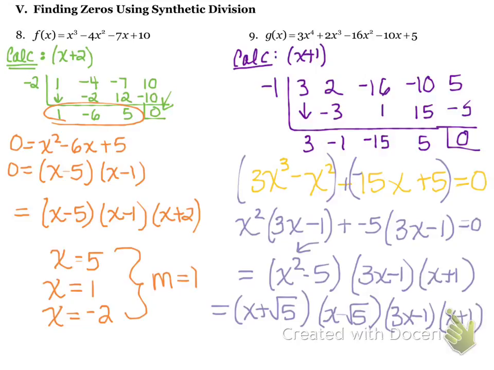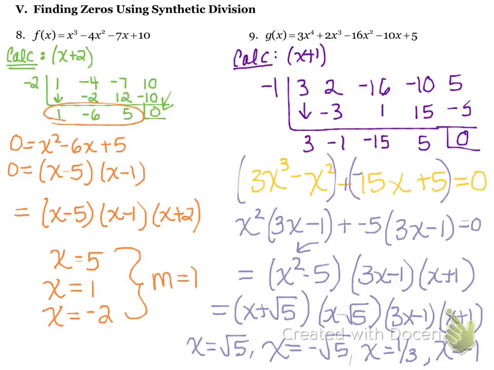So now they're all linear, and I can identify my 4 zeros. I'm going to try to squeeze this down here. I have x equals root 5, x equals negative root 5, x equals 1/3, and x equals -1. I can't write it on there, but you can write on your paper. They all have a multiplicity of 1.